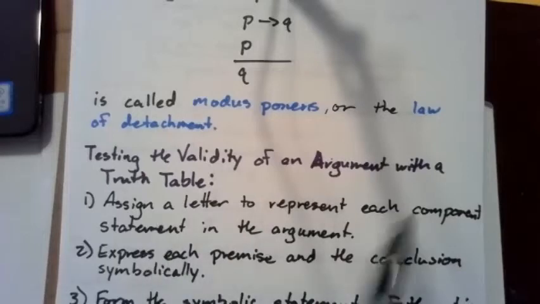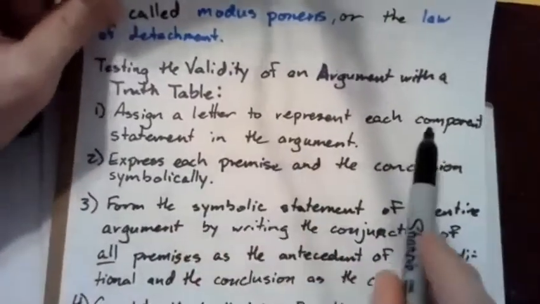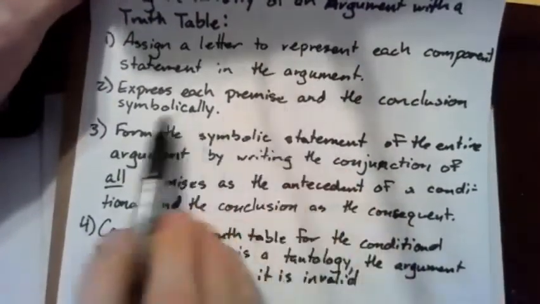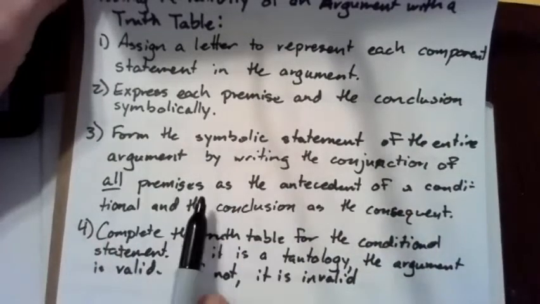Testing the validity of an argument with a truth table is a four-step process. We start by assigning a letter to represent each component statement in the argument. Then express each premise and the conclusion symbolically.